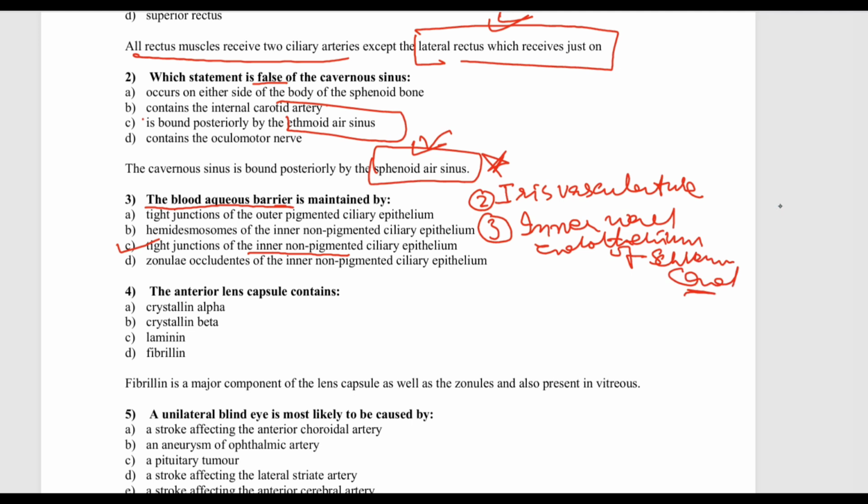The first one was the tight junctions of the inner non-pigmented ciliary epithelium. So this was the blood-aqueous barrier.